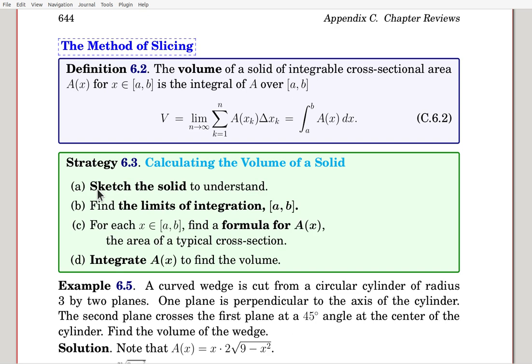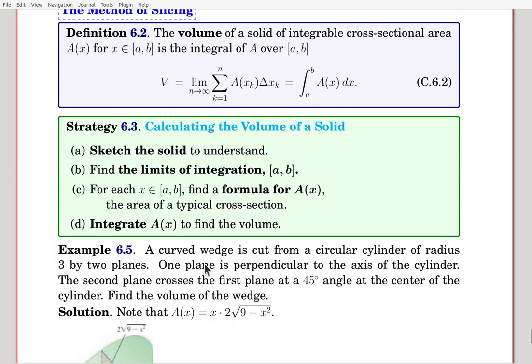Then try to find the limits of the integration, and for each point over the interval, try to find a formula for the area of the cross section. After finding A(x), just integrate to find the volume. Here the second and third steps can be done simultaneously.